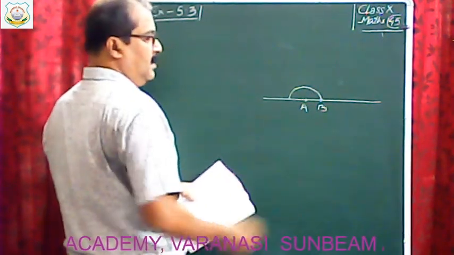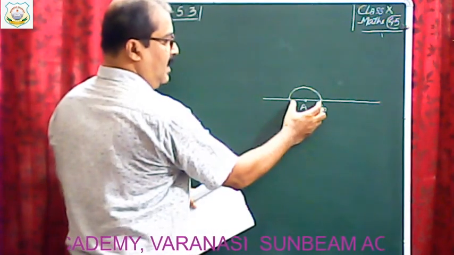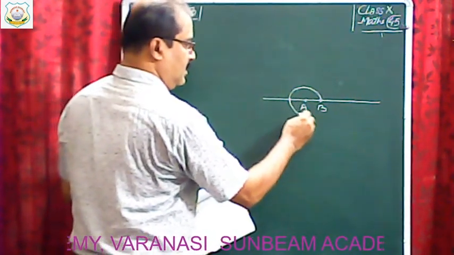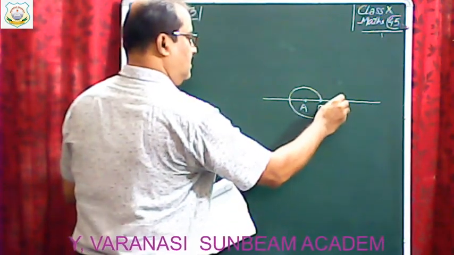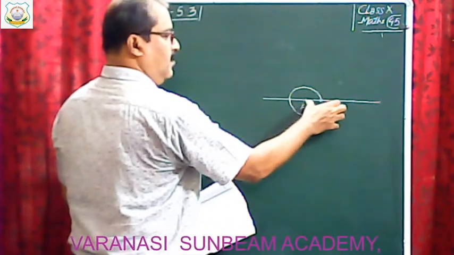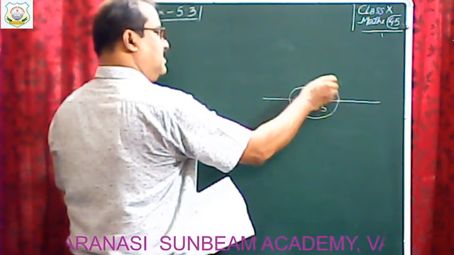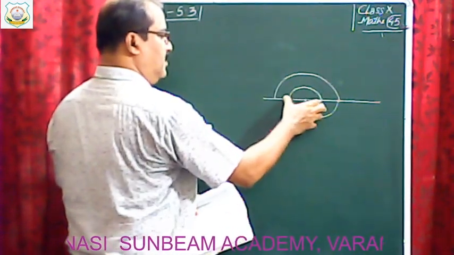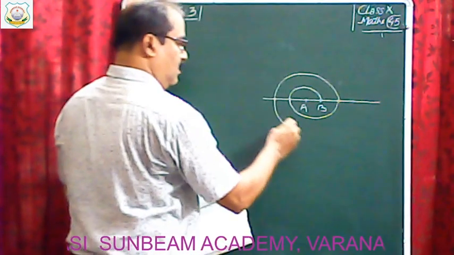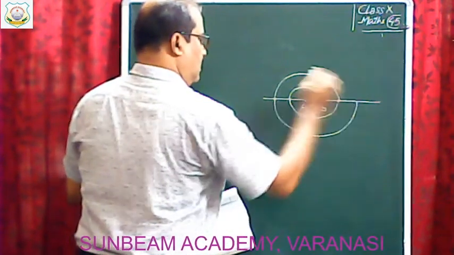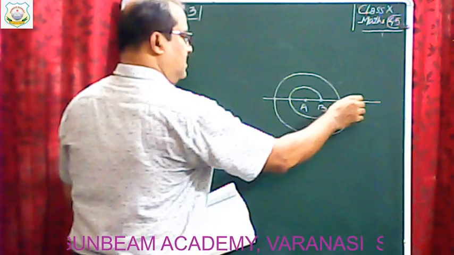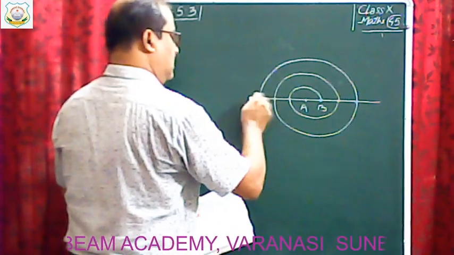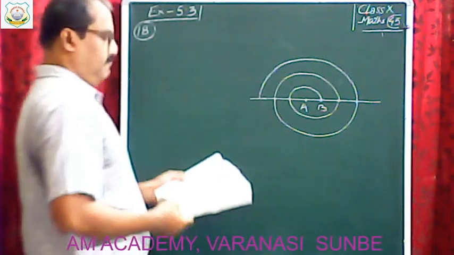Thereafter, B center and 1 centimeter radius, draw another semicircle. A center, 1.5 centimeter radius, draw a semicircle. B center, 2 centimeter radius, another semicircle. A center, 2.5 centimeter radius. In this way, 13 semicircles are drawn.